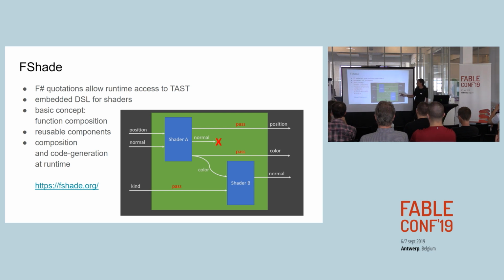So this is a little like arrow composition from the functional programming world, but we decided to just compose things by names, because most often those things have reasonable names or a semantic meaning to them, like positions or colors and stuff like that.